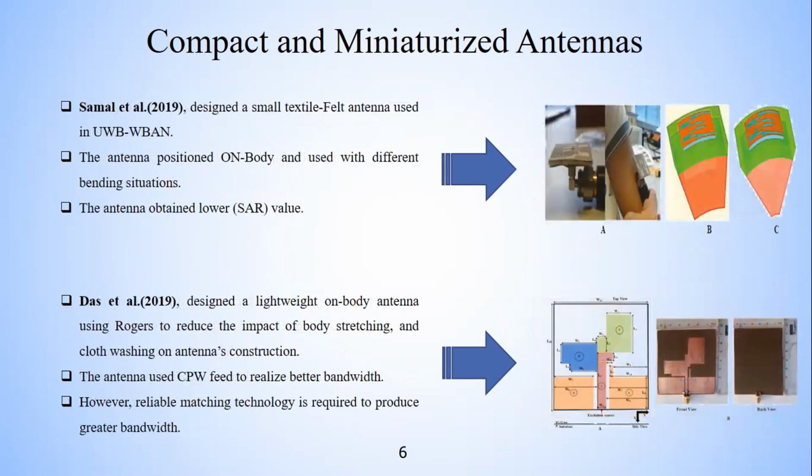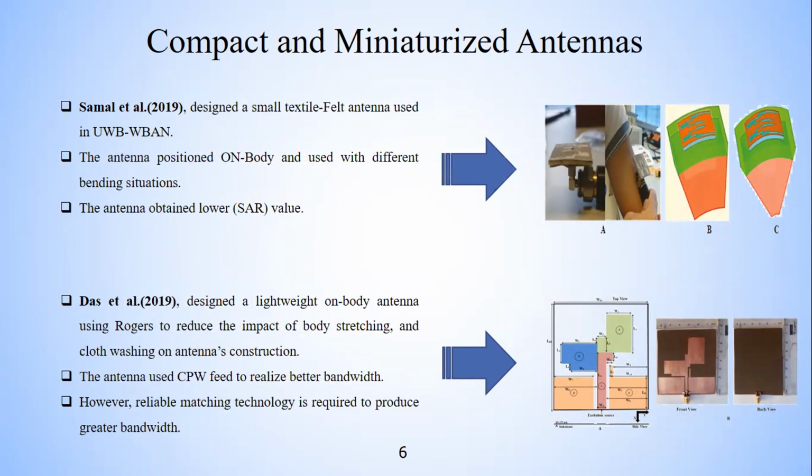Then Samal started designing a small textile felt substrate antenna used in ultra-wideband for wireless body area network, and this one is positioned on the human body. We call it the on-body situation.